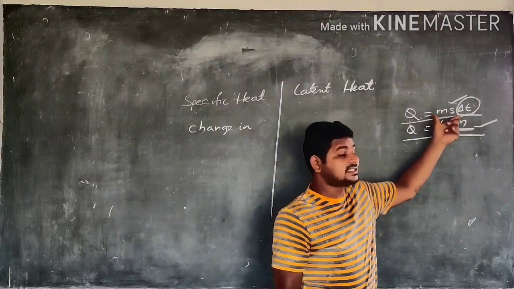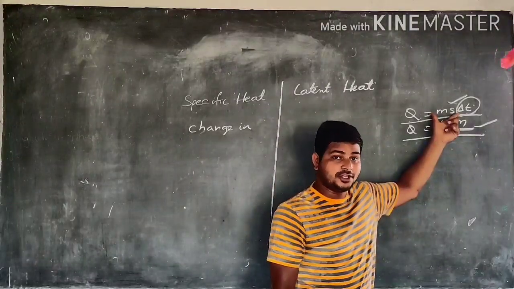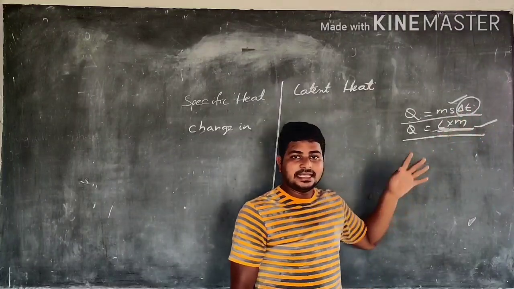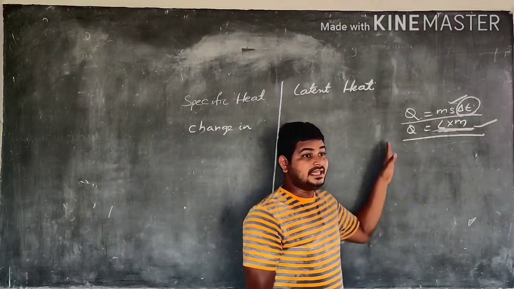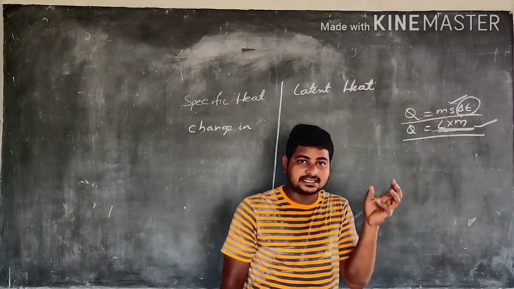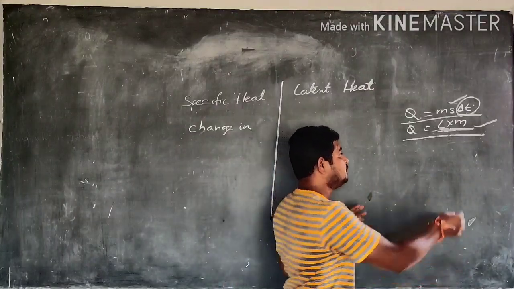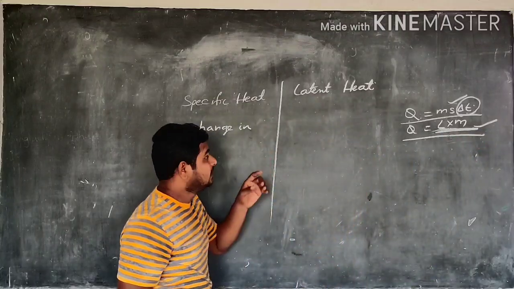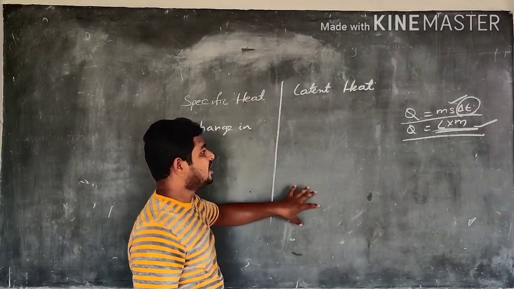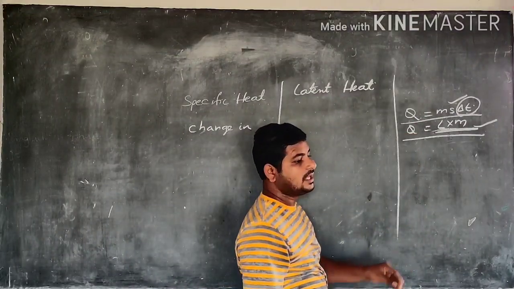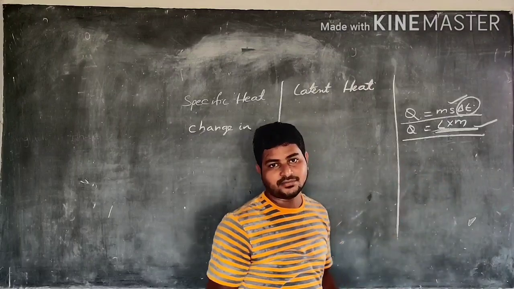So in a process, if there is change in temperature, you use the formula Q is equal to ms delta T, and in the problems, if there is change in state, then to find the quantity of heat that is required or you supply, you use the formula L into M. So I am writing this differentiation keeping in view how you have to use the formulas in the numericals of heat.